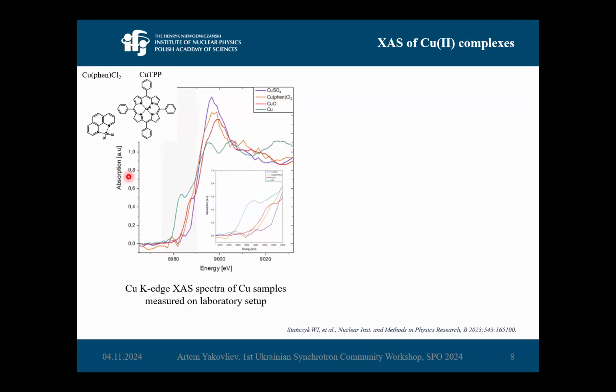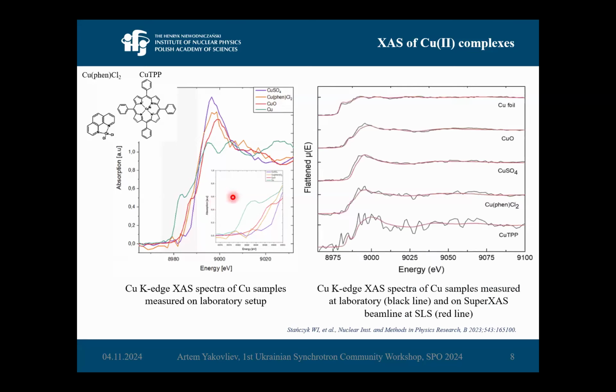And here are some examples of the samples. So here you can see the copper complexes. One is a chemotherapeutic agent, and the second one is a photosensitizer used in photodynamic therapy. And here are the spectra measured in our lab. So you can already see that these spectra can be used for some kind of preliminary analysis of the samples.